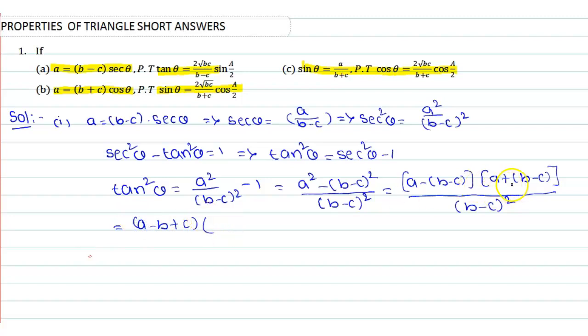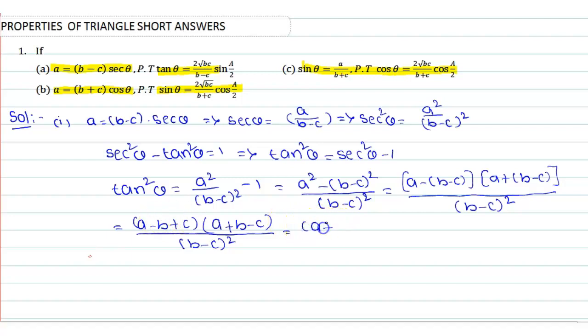Coming to the second bracket, a plus b minus c, by b minus c whole square. Here add and subtract b, because minus b is there. So to get a plus b plus c, add and subtract b.